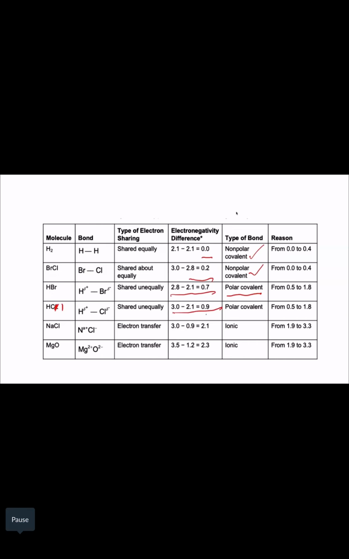So it's 0.9, polar covalent bond. NaCl is going to be ionic. Okay, magnesium oxide is going to be ionic. So that's the reasoning for how we can tell if something is polar or non-polar by calculating the electronegativity difference of the covalent bonds.